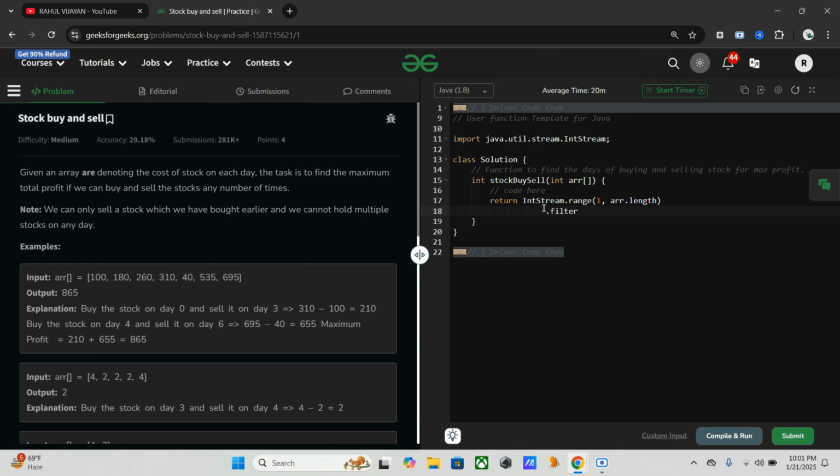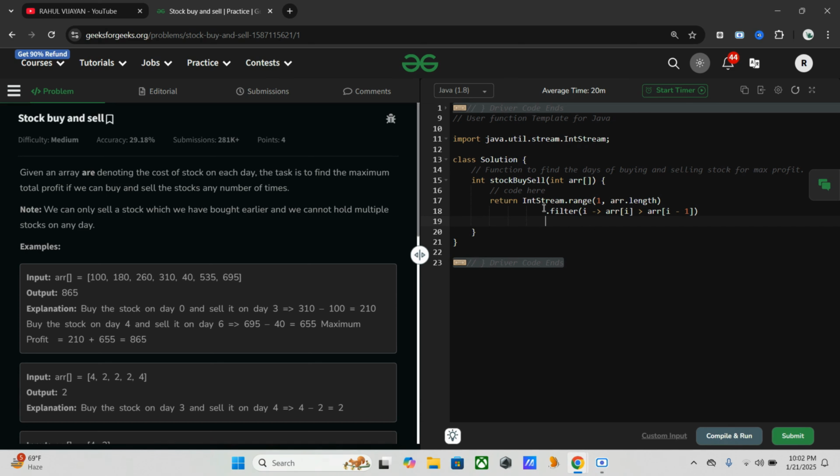Filter array[i] greater than array[i-1]. So this ensures that we only consider days where we can make a profit by buying the stock the previous day and selling it on the current day.